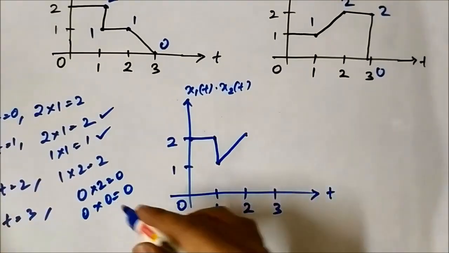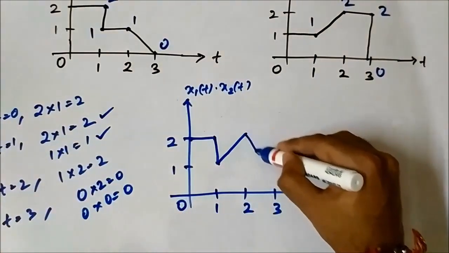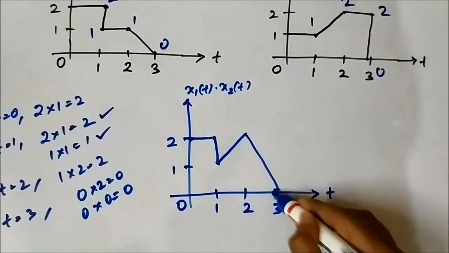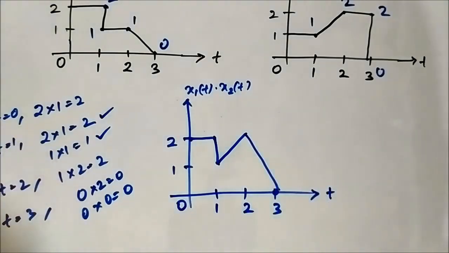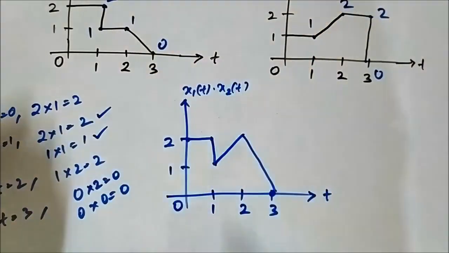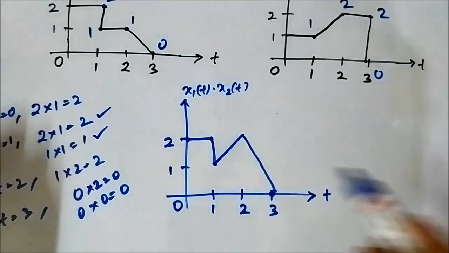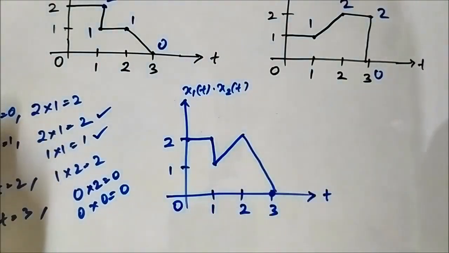So at t equals 3, the resultant value will be 0. So this is the multiplied signal of x1(t) and x2(t). This is the output.